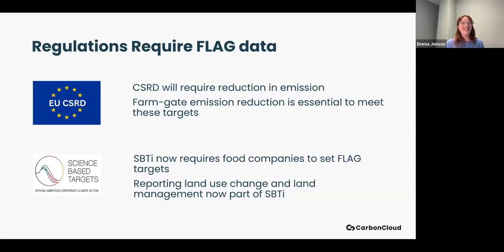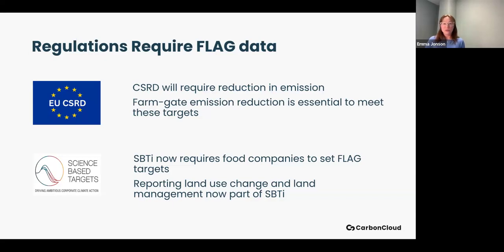So for that reason, it's interesting to have knowledge on a more detailed level, so that it also provides input for ideas on how to actually formulate your reduction strategies and targets.